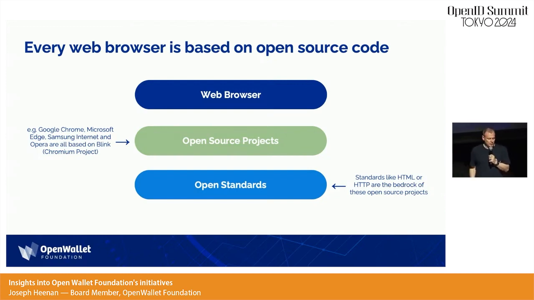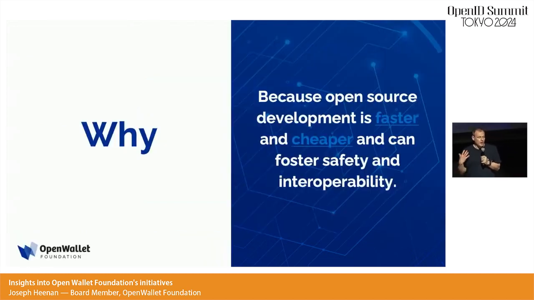So Google Chrome, Microsoft Edge, Samsung Internet, and so on, are all based on open source projects like WebKit, and those in turn are built on top of open standards like HTTP, HTML, and so on. And why do they do that? Because open source development is faster and cheaper, and it can also be better for security and safety and for interoperability.